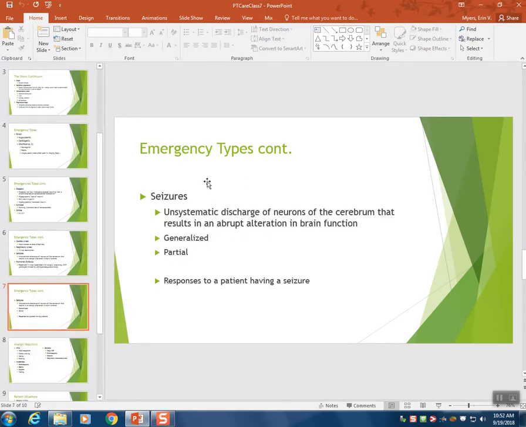So you have two different types of seizures. There's generalized and then there's partial. Generalized are usually the major ones. Those are ones that you may see with epileptic patients that may be triggered from light sensitivity or the sense of a smell. A smell can trigger a seizure.